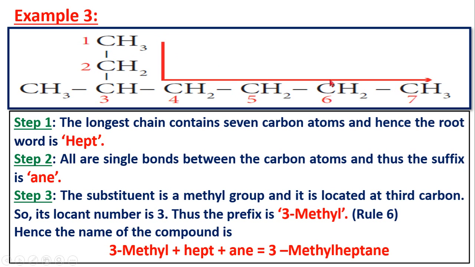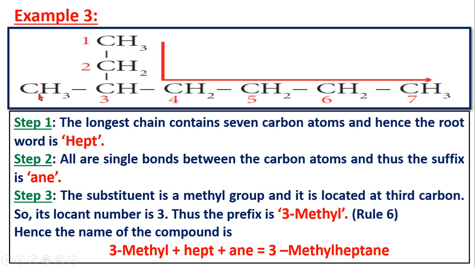So first you have to find the longest chain in the carbon atoms. Here the longest chain contains 7 carbon atoms. So the root word is hept. At the third carbon, a methyl group is present. Here a branch chain is there. This is a methyl group.